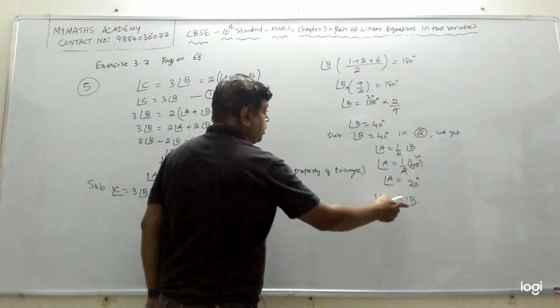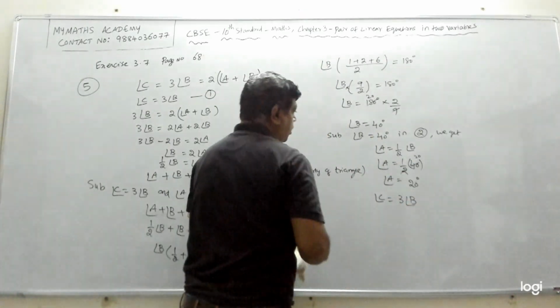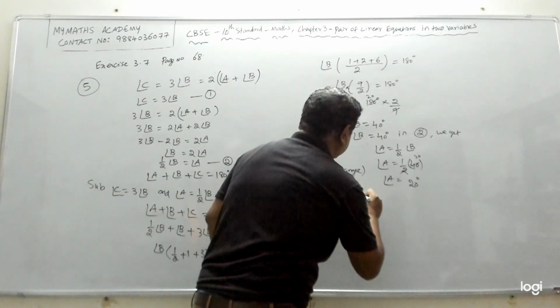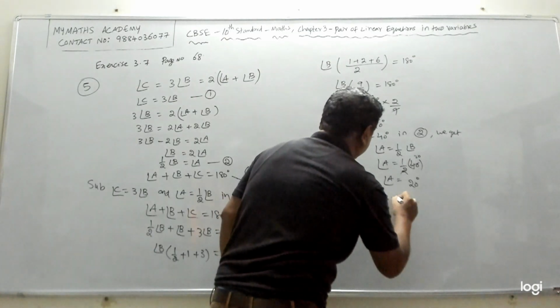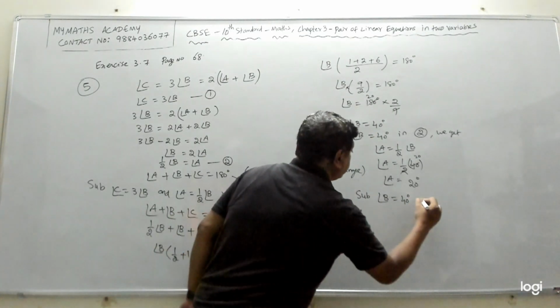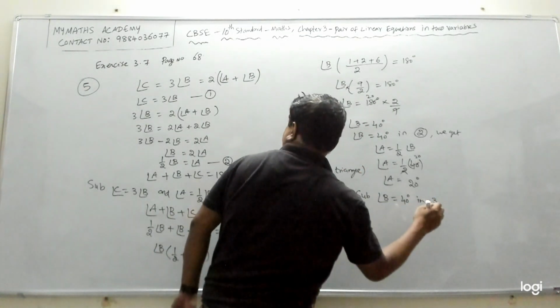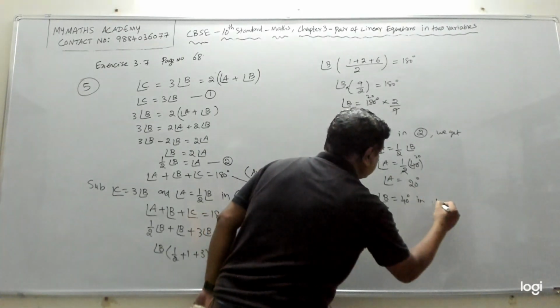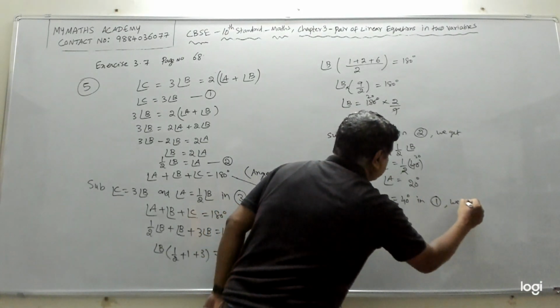Now if you substitute angle B as 40 here, or I can write substituting again angle B equal to 40 degrees in the first equation. What is our first equation?